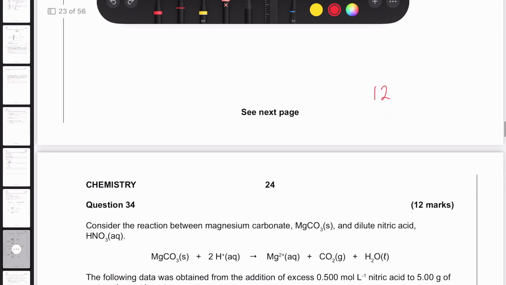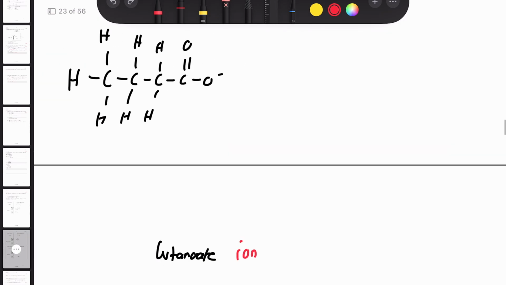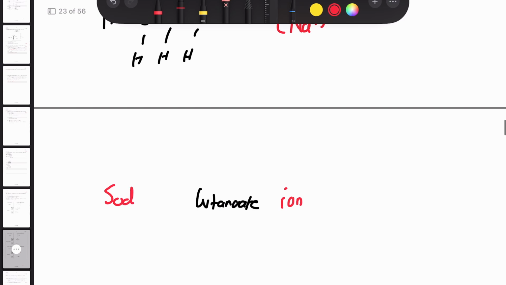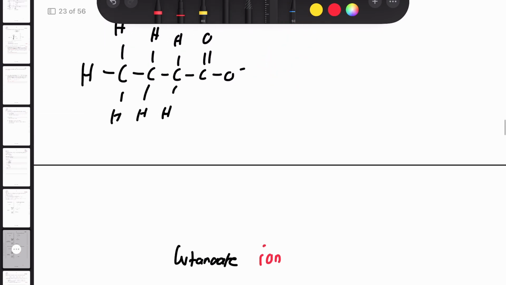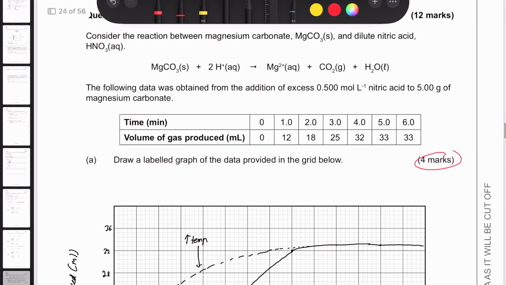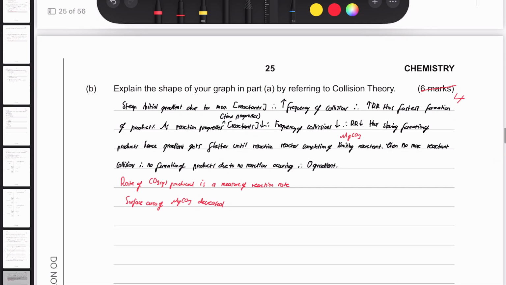I gave myself the mark there. Oh yeah, you could have also done Na+, and then you could have said sodium butanoate. I think I was discussing whether I should have it or not, and you definitely can, but it's not necessary. And then continuing down, 4 marks there.